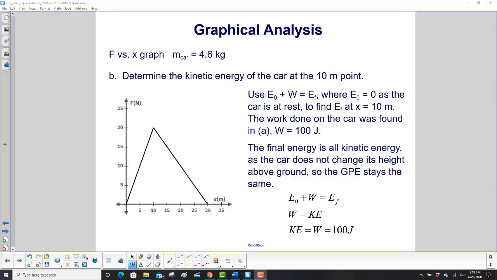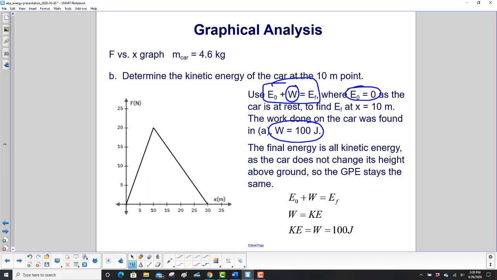Next, find the kinetic energy of the car at the 10-meter point. Use one of our favorite equations here, the work energy equation. Initial energy plus work is final energy. The initial energy is 0. The car is at rest, and we're not going up or down any inclines. And we want to find E final at 10 meters. The work done on the car was found in part A, and that's 100 joules.